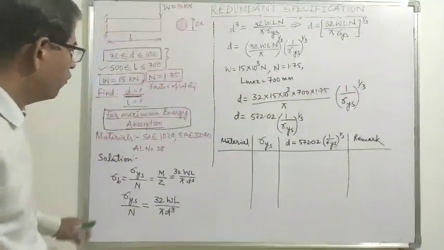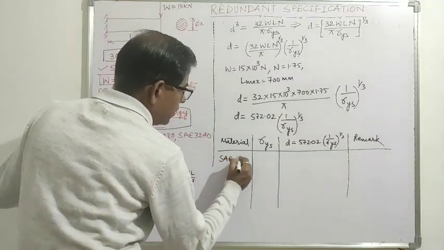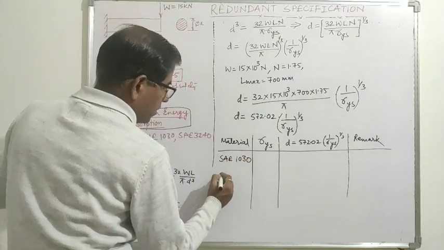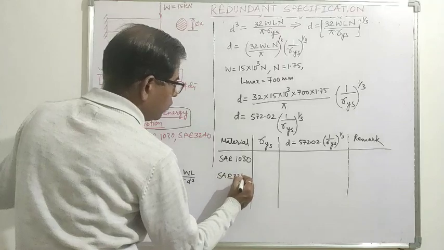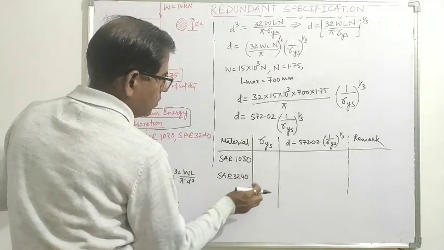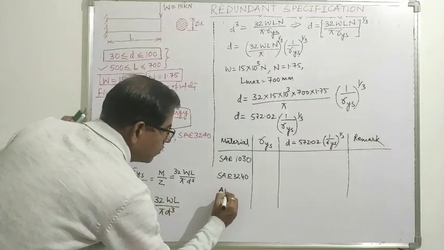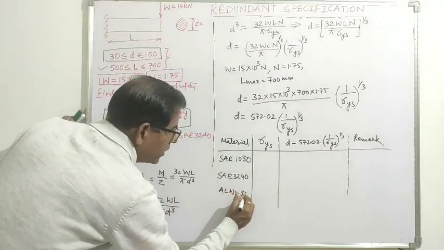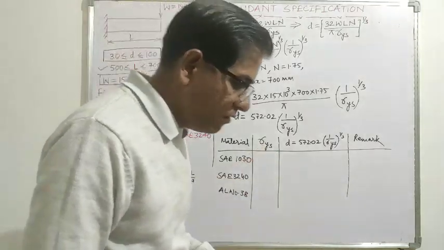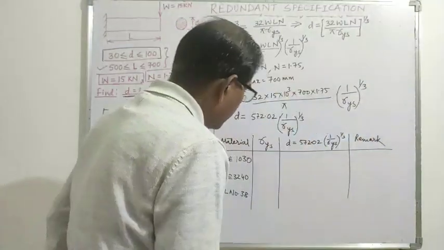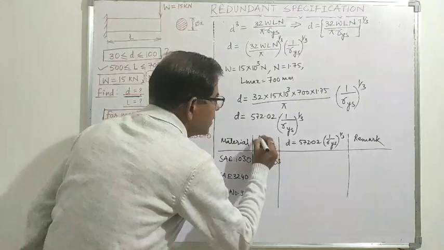Now the first material is SAE 1030, then SAE 3240, and aluminium number 38. The yield strength σ_ys of SAE 1030 is given as 296 × 10^3, this is in megapascal.